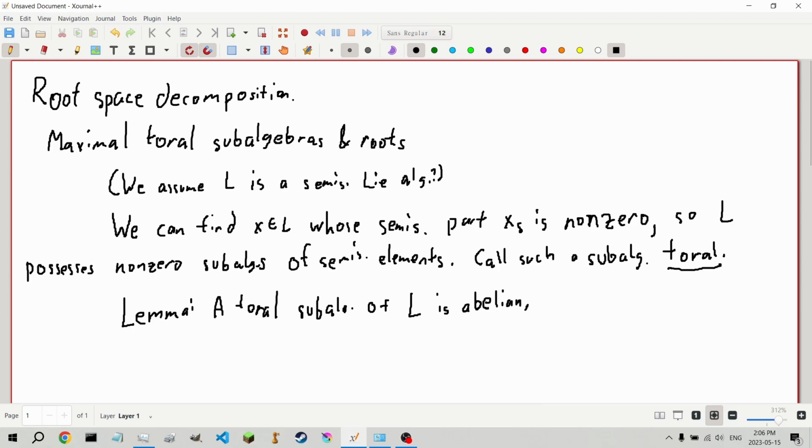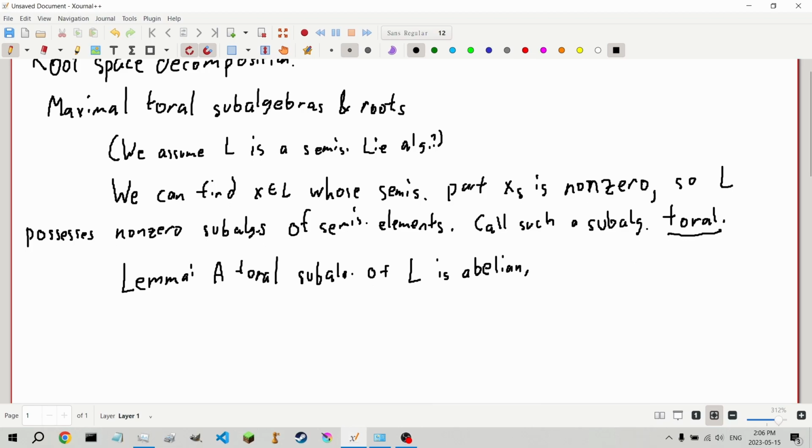And the proof. Let T be toral. Now we want that the adjoint of x on t is 0 for all x in T.